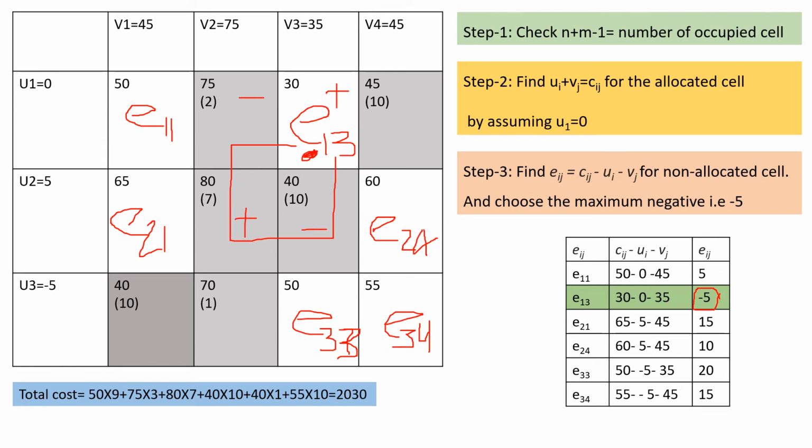From the minus signs, here there is 2, and here there is 10. So 2 is less than 10. So let's add 2 on the plus signs and subtract 2 on the minus signs. So we subtract the 2 from this, and it will be cancelled.